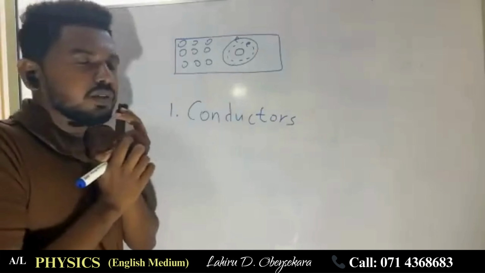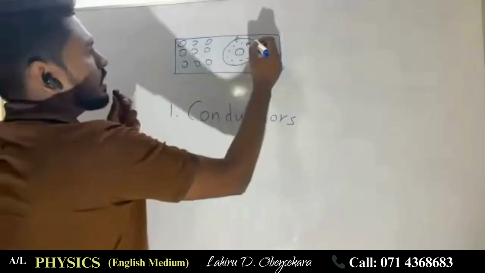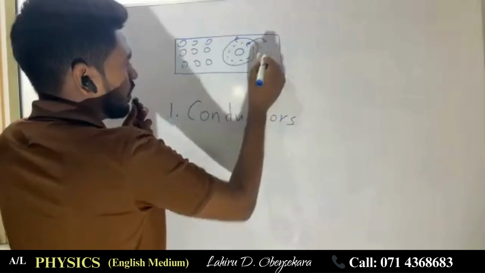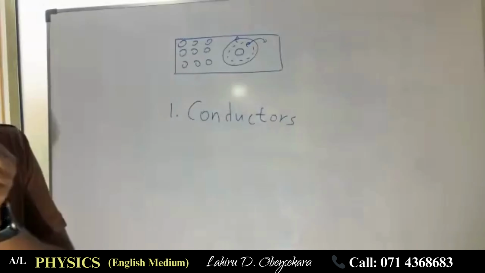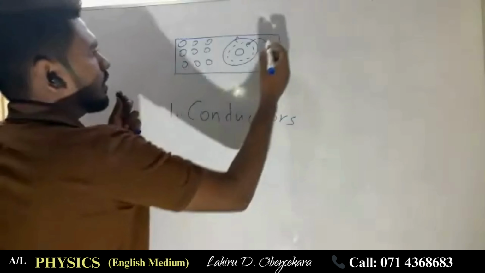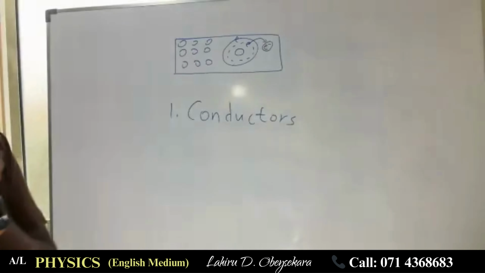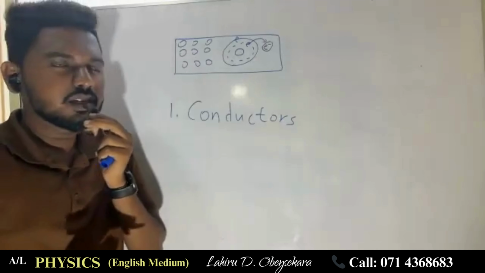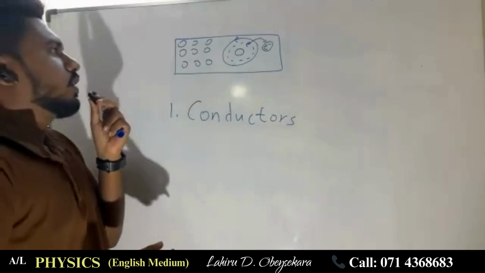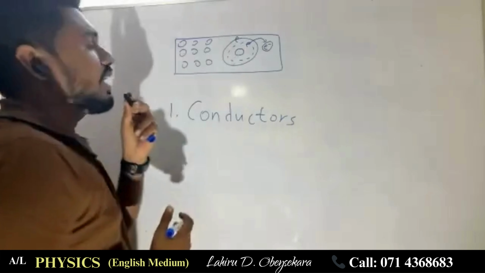Absorbing some energy or releasing some energy. These electrons go out from its bonds. Okay. Then what happened? Those electrons stay in the surface of the material. There are many atoms.